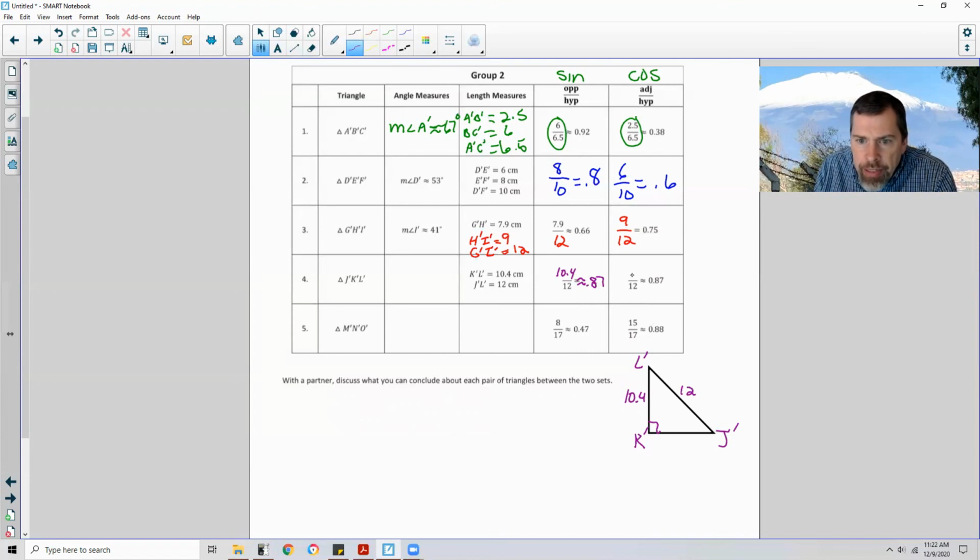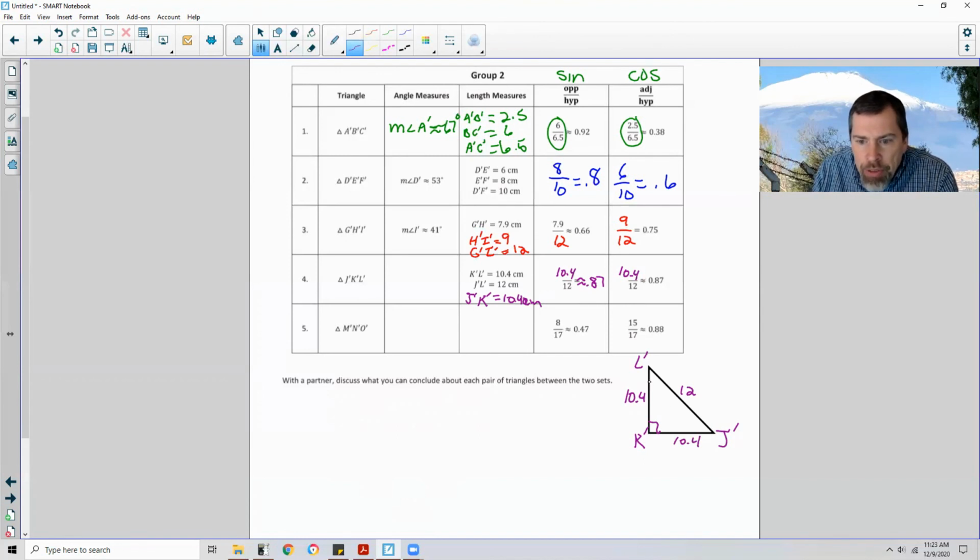And then to get this answer, oh, look, we already have 0.87. So 12 and 0.87, this has to be 10.4. Okay, so that is an easy one. So JK prime is also 10.4 centimeters. So this is 10.4. So this is an isosceles right triangle.